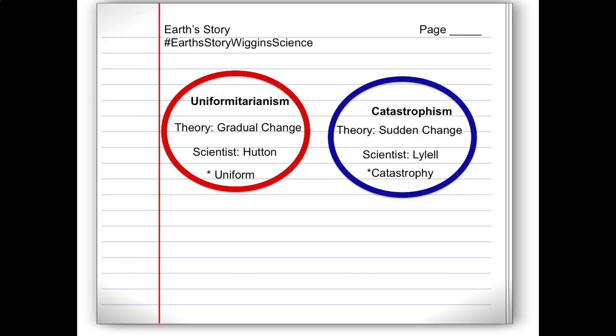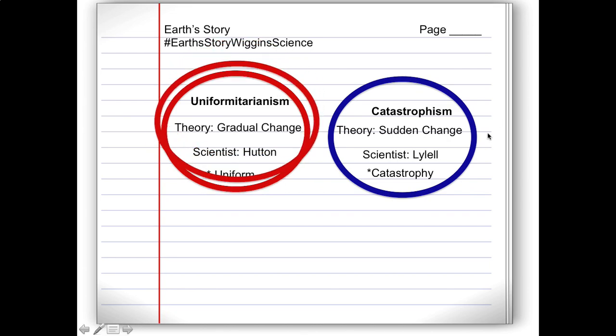Some people believed our Earth evolved one way, and some people believed that our Earth evolved another way. So we had the uniformitarianists and we had the catastrophists, where they thought that the Earth happened in these two ways. Over time, we realized that we needed to mesh these two theories together.